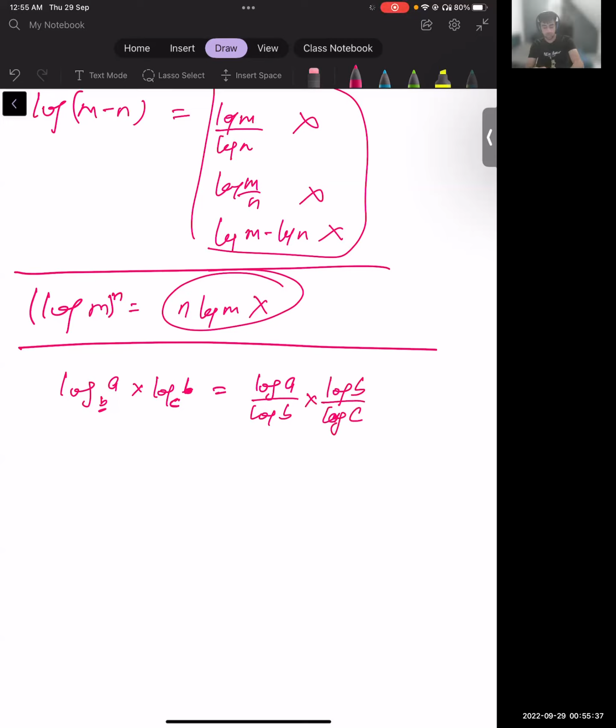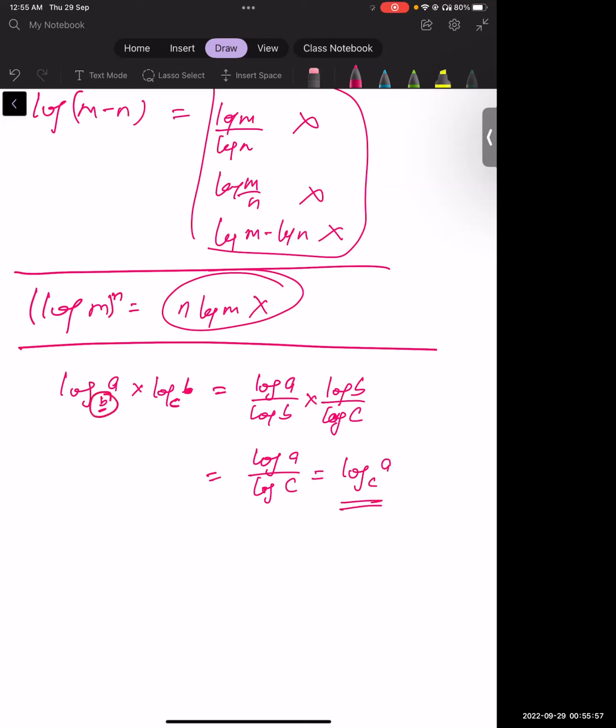So what is cancelled out? Log b will be cancelled, leaving log a upon log c. What is the final answer? Log a base c. If the base is the same as the number, this will be cancelled out and it will be log a base c.